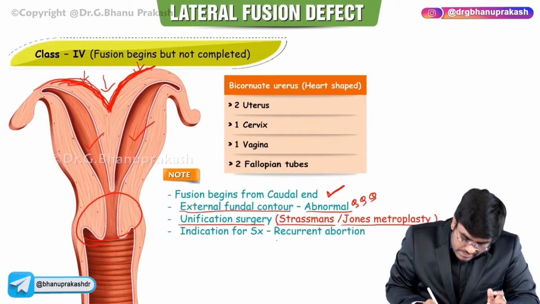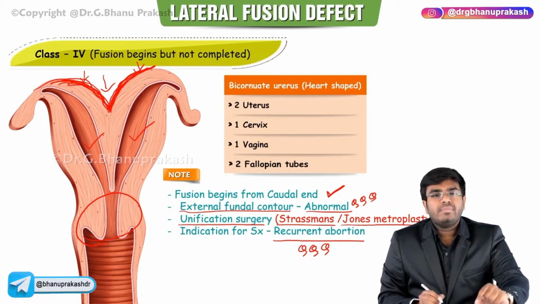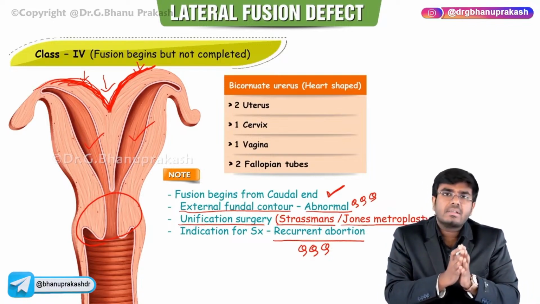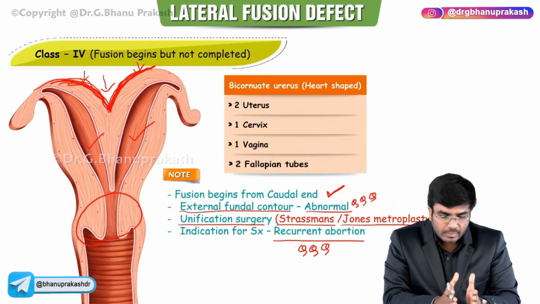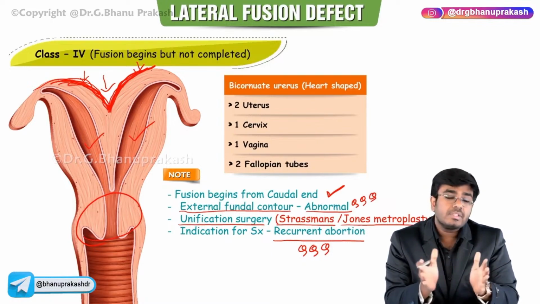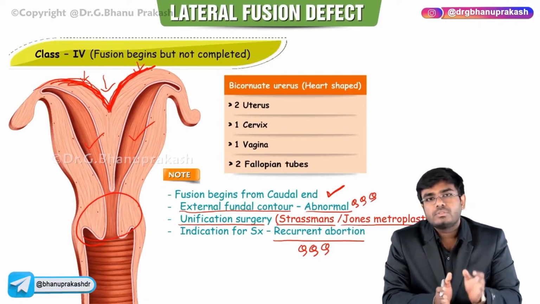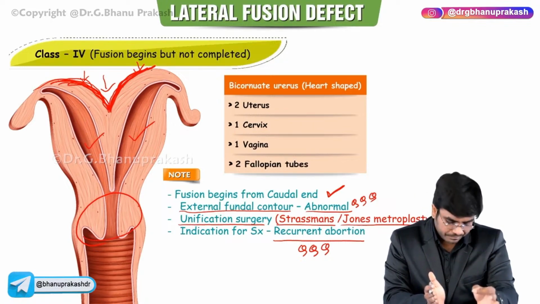The indication is recurrent abortions, MCQ. Usually if there is no abortion, if everything is going completely normal, there is no need for the surgery. But if that female comes to the clinic with a complaint of recurrent abortions, then this unification surgery should be done. So the indication for the surgery is recurrent abortions.